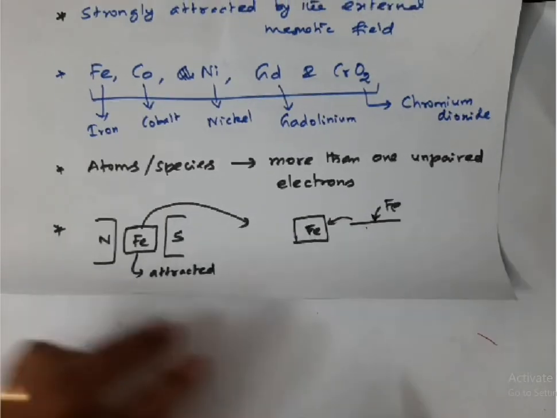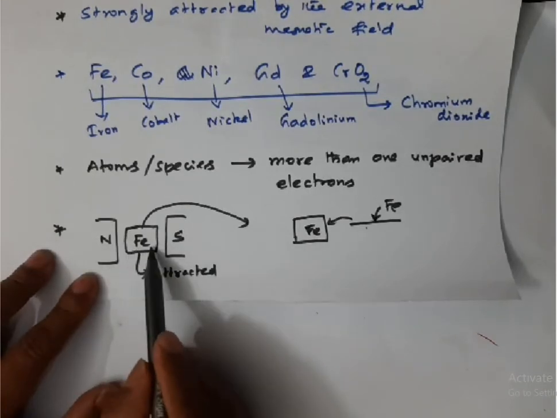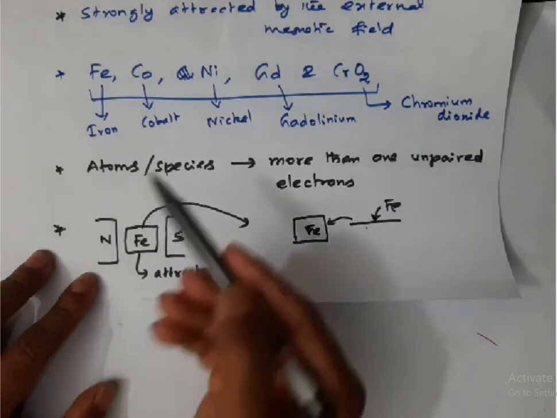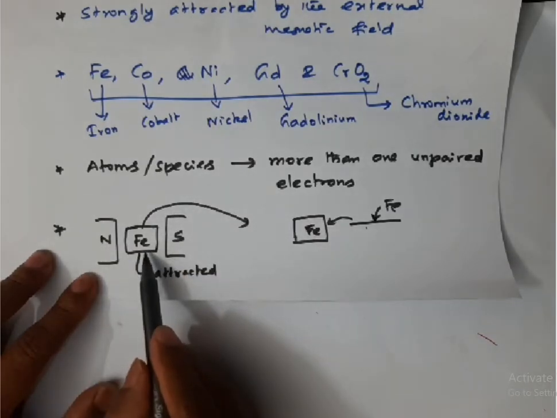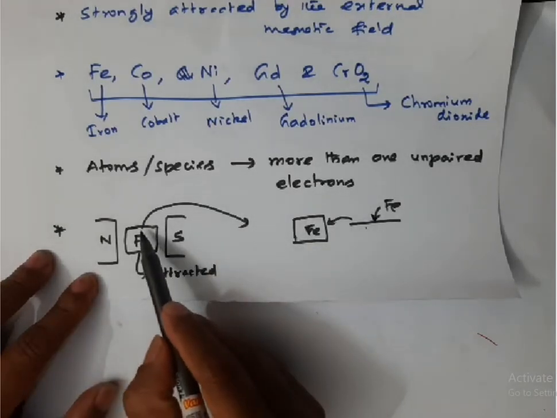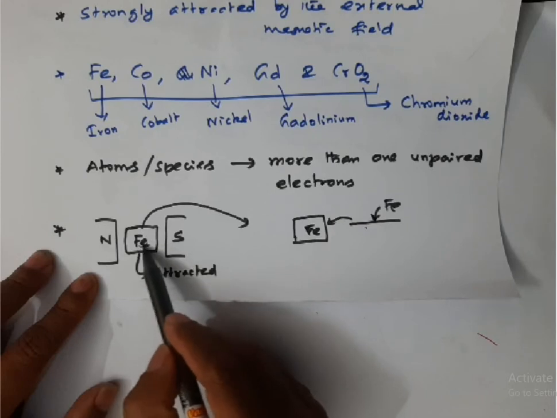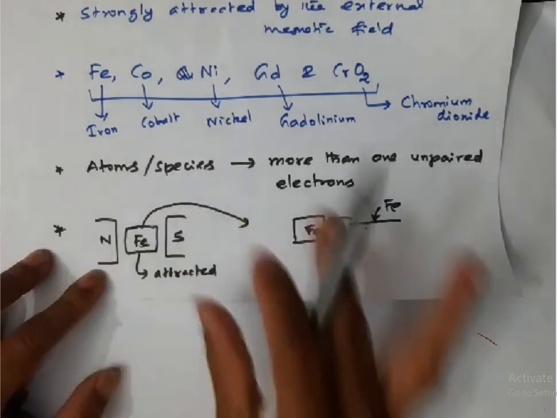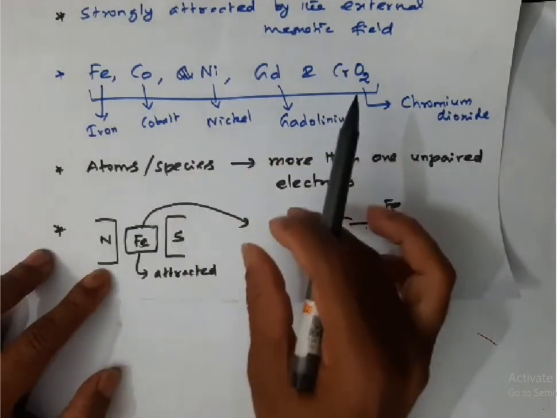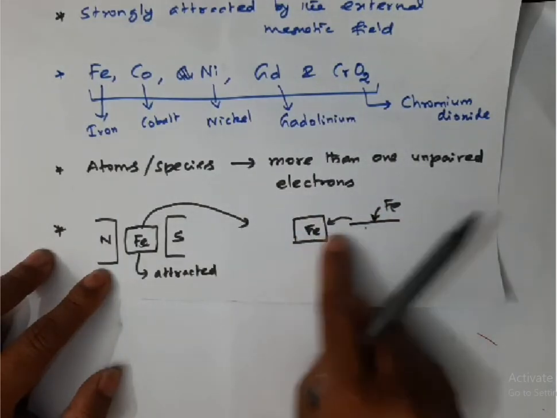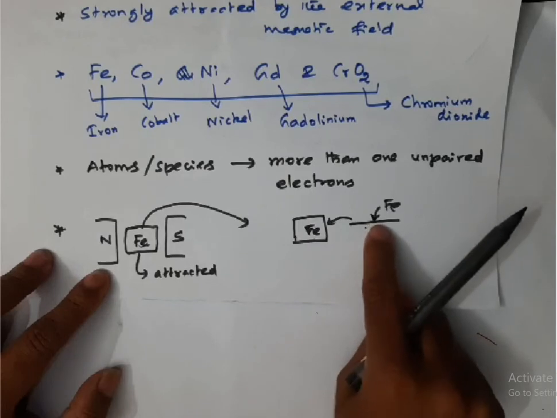Students, listen carefully. I am just keeping a solid iron in a magnetic field. The moment you keep the iron piece in a magnetic field, it gets magnetized immediately. Then remove that piece and bring a needle of iron close to it.